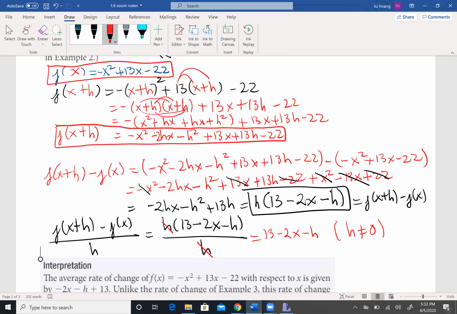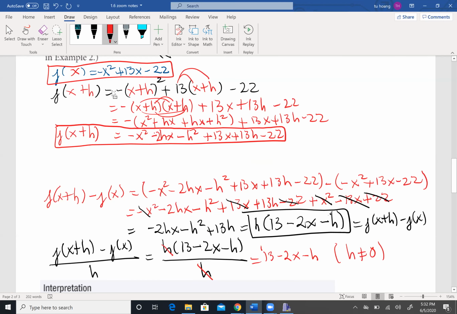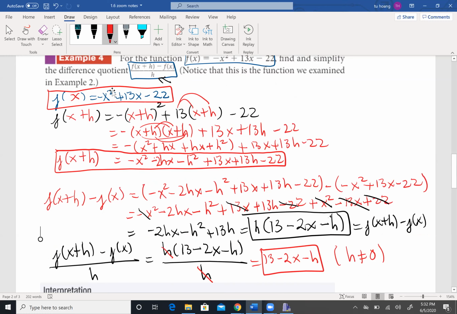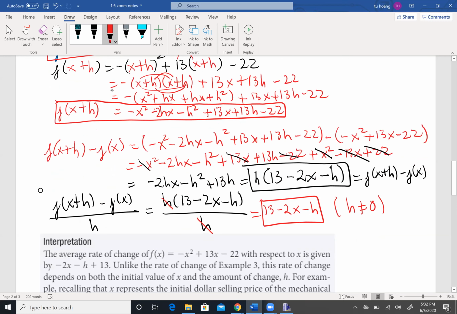Okay, this is the answer for example 4, and I can say this is like a general form for the average rate of change, but you don't know what the initial value is, and you don't know what the amount of change h is.